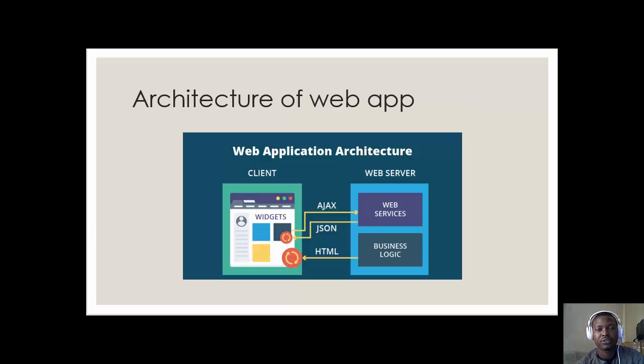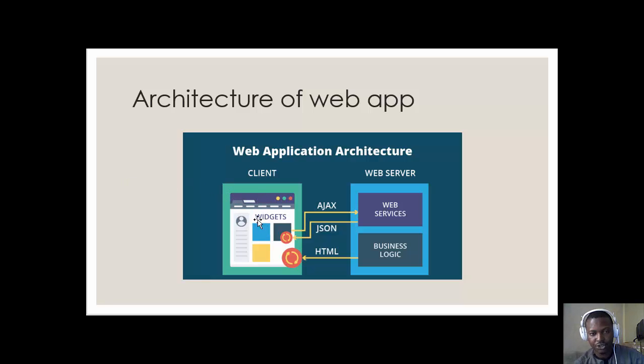Let's look at the architecture of a web application. You look at this diagram, we have the web application architecture, we have the client side, and we have the web server. The client side, that's where you have the browser, could be Microsoft Edge, could be Internet Explorer, Google Chrome, Firefox, Mozilla, Safari, and the likes, depending on which of them you prefer to use to surf the web.